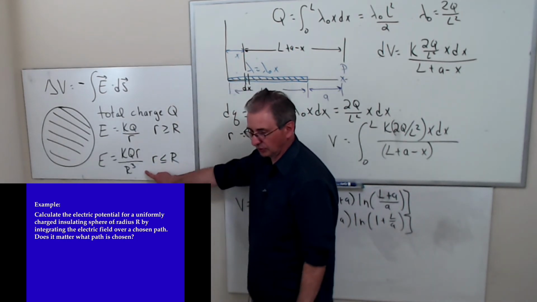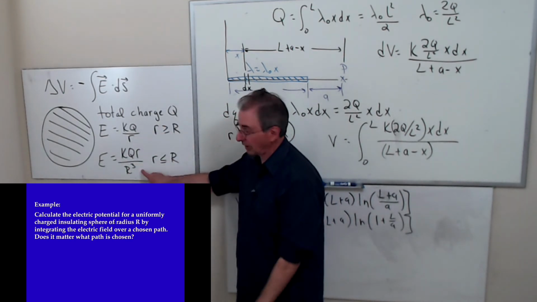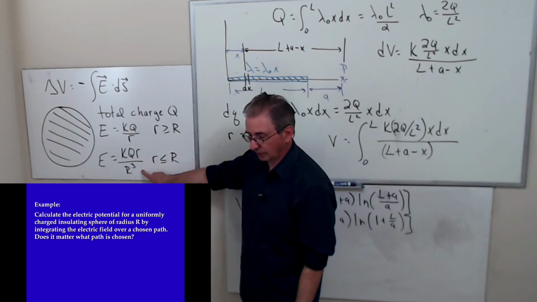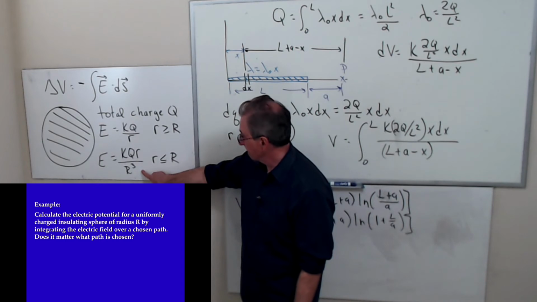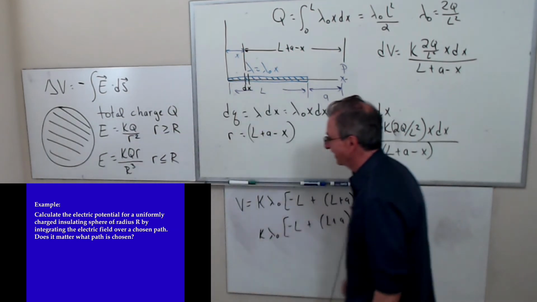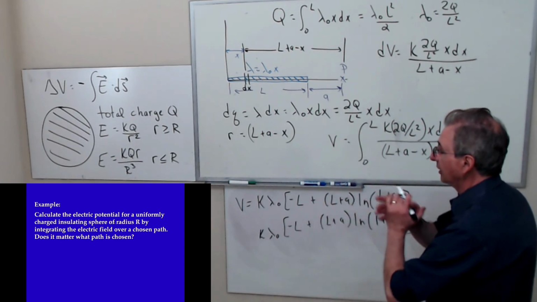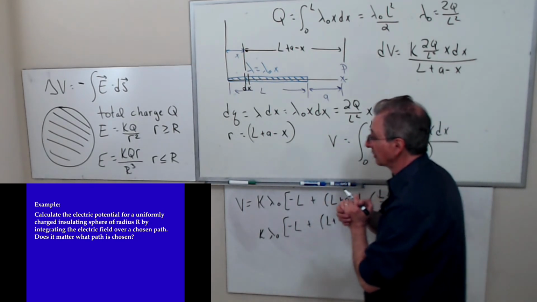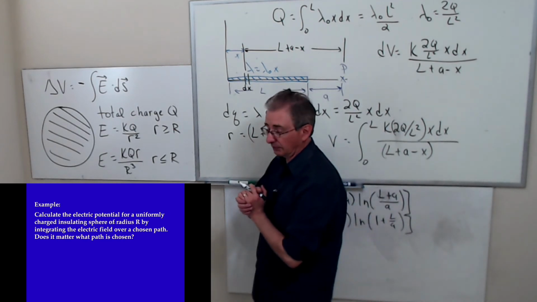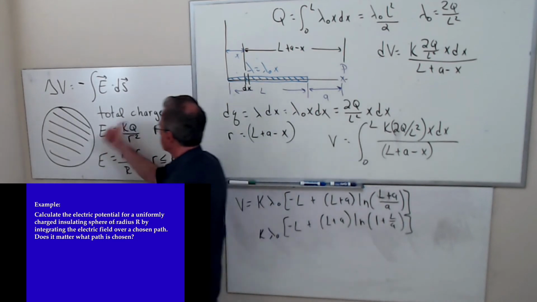When I did the problem with the concentric spheres, I actually derived this equation, and you might not remember it. Should that be an r squared? Oh, yes, thank you. And the charge distribution is positive, so the electric field points away from the sphere.